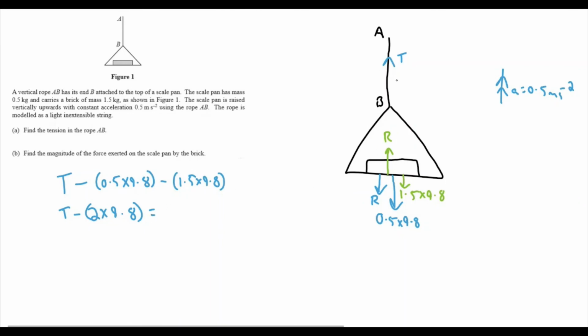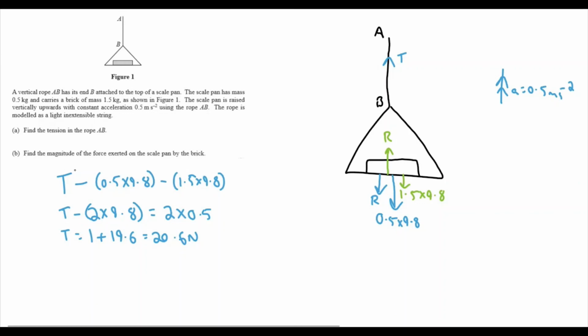Again, we're going to be considering the entire mass because we're looking at the whole model. So the 1.5 added to 0.5 gives us 2, and the acceleration from before is 0.5. So if we want to get T on its own, that will equal 2 times 0.5, which is 1, and then you'll be adding over 19.6, giving us a tension overall of 20.6 newtons.